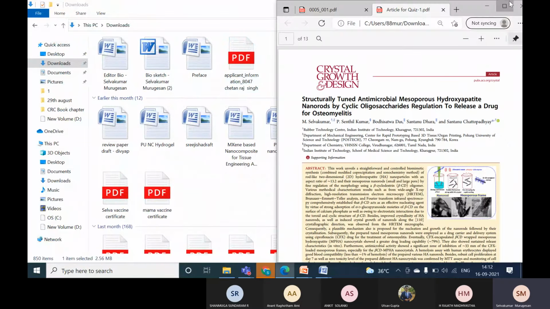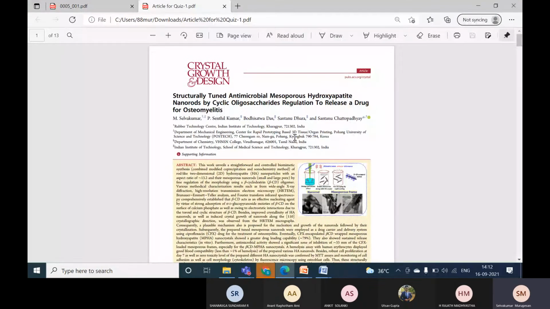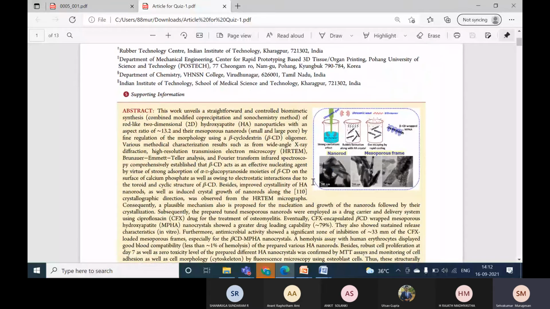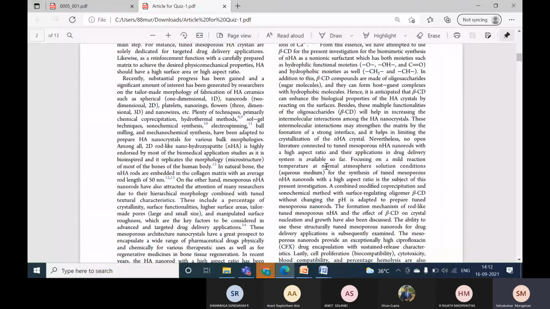So now you can see here, we have used a beta cyclodextrin-based surfactant to get those different morphologies.